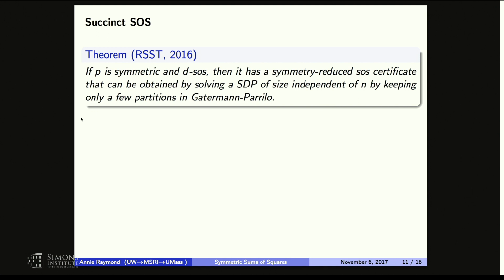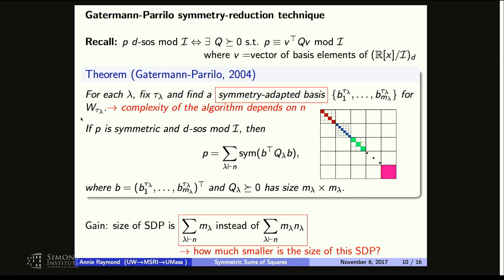So the first thing that we showed is that basically, if your polynomial is symmetric and there does exist a sum of squares of degree d, then you can find your certificate just by keeping a few partitions in Gatermann-Parrilo. So just keep the first few blocks, and we tell you exactly which ones to keep, and then you'll be fine. You won't lose any power or any information. And so the number of blocks that you need to keep doesn't depend on n.